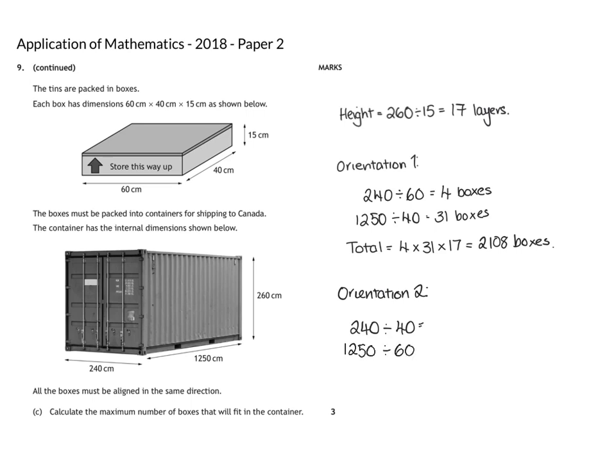So 240 divided by 40 gives us 6. With the 1250 divided by 60, that gives us 20 and a bit, so always round down, remember, so we get 20 boxes.